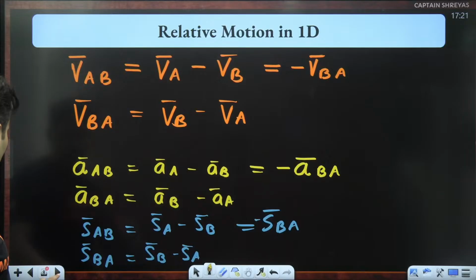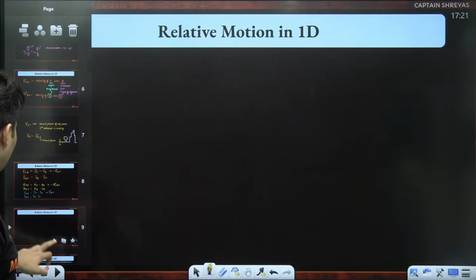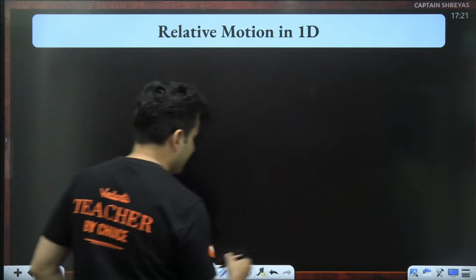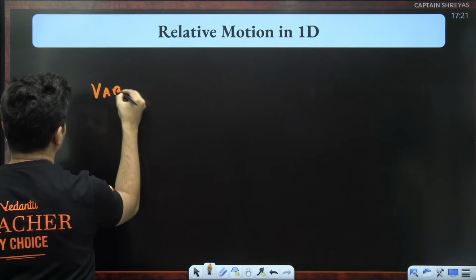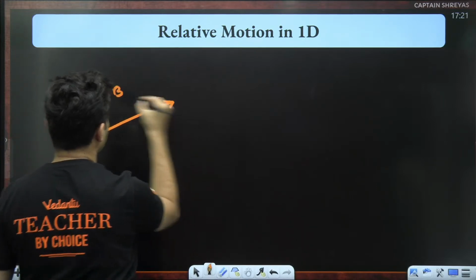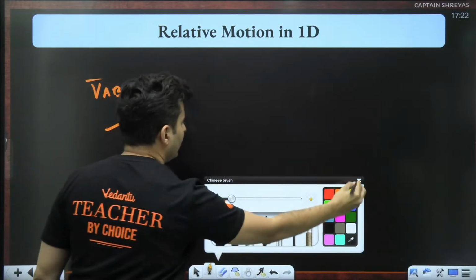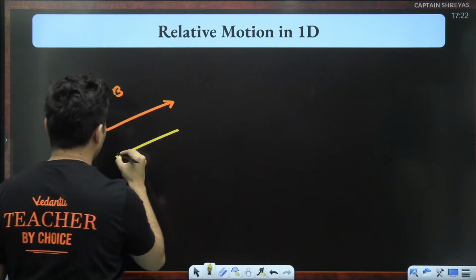Moving on. Now, I can tell you one more thing before going ahead. Just like I said, velocity of A with respect to B, if for example it is this vector, then the negative of that will be exactly opposite.